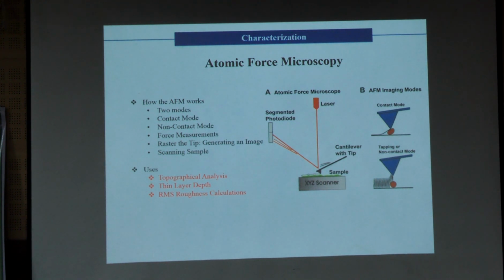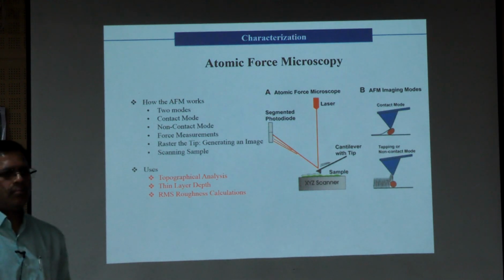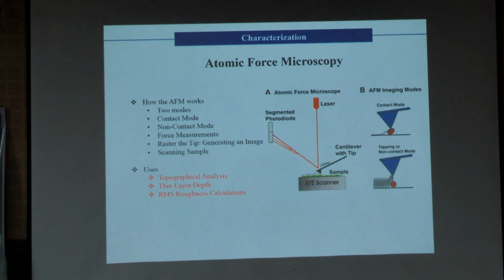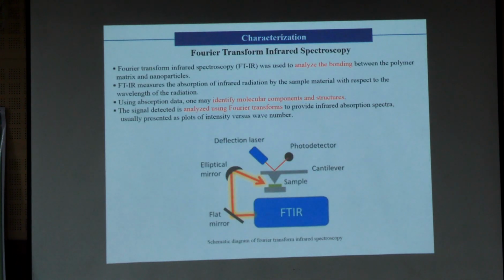So once we ensure that particle distribution is uniform and the properties we require are achieved, then only we go for the application, right. So then we can also use Fourier transform infrared spectroscopy, right.